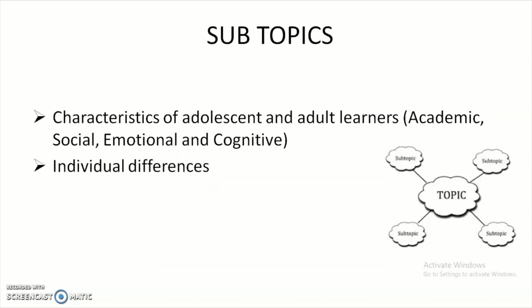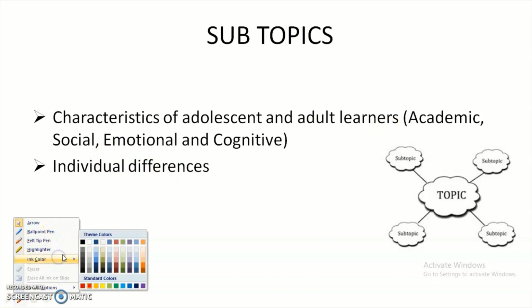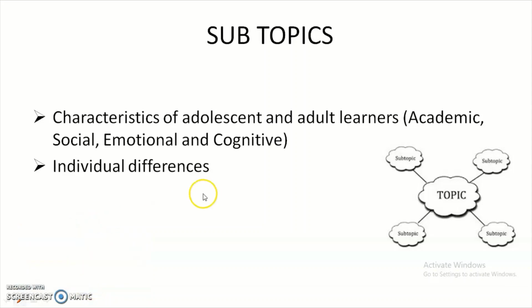As per the UGC syllabus, the subtopics of learner characteristics are characteristics of adolescent and adult learning, and individual differences. Both these two concepts are given as per the UGC syllabus.